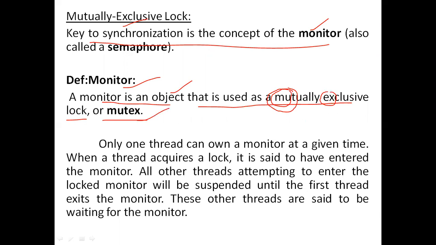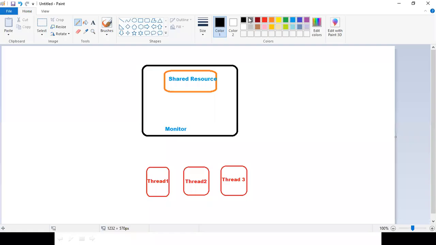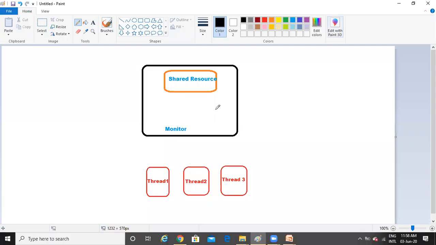So what is the definition? A monitor is an object. Remember this, it is basically an object that is used as a mutually exclusive lock, or used as a mutex. Now we will go to the figure. Now see this figure. This black box is called a monitor, and inside this monitor you assume that there is a shared resource.